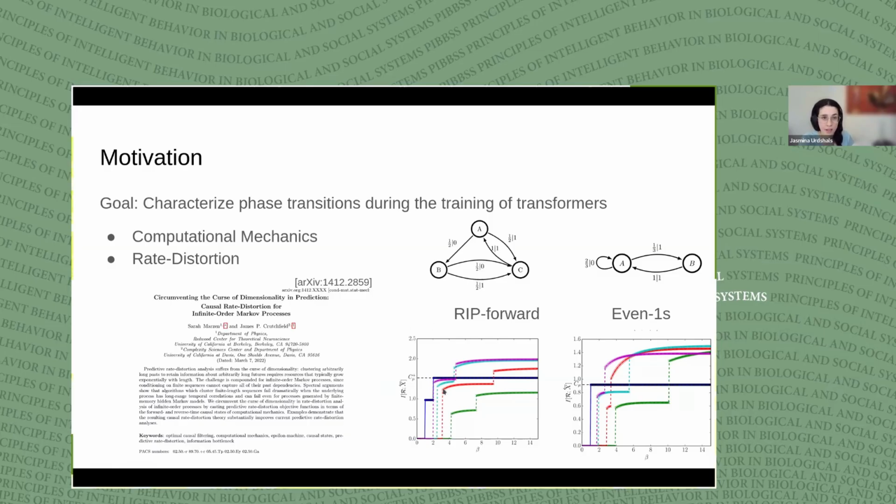If we can make that connection, then we can draw on the theoretical understanding of these predicted curves here to characterize phase transitions.